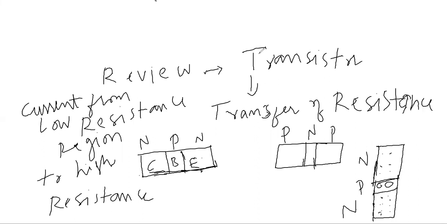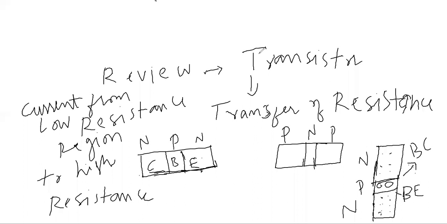So we also studied the transistor action. In transistor action we have two junctions. One is the base emitter junction, and this junction is the base collector junction.